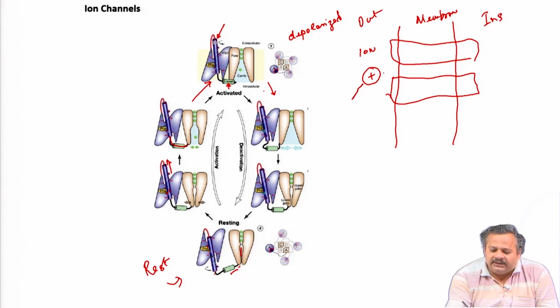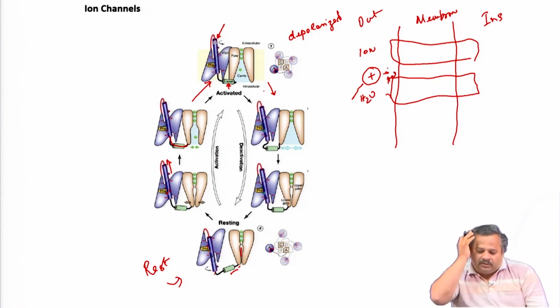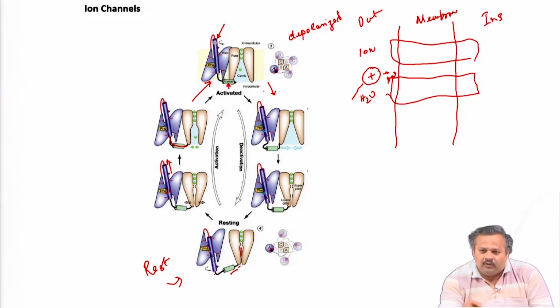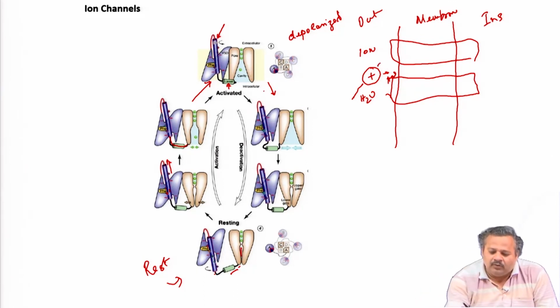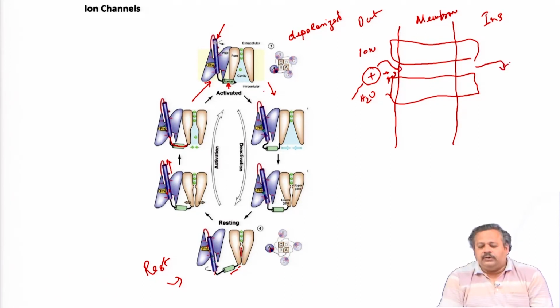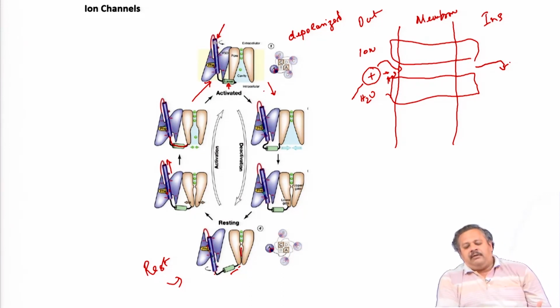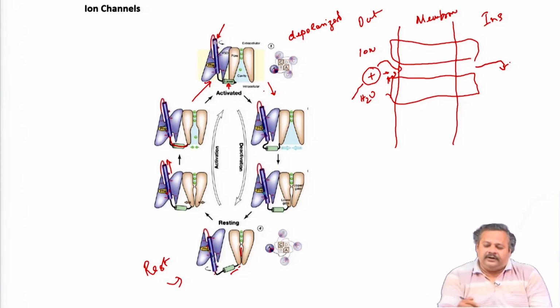So this is stabilized by hydrogen bonding with the water molecules on here. So it has to break open those hydrogen bonds in order to go to the inside of the neuron. So in between there must be some stable locations through which the ion can travel into the inside of the neuron, or the opposite way, from the inside to the outside of the neuron.